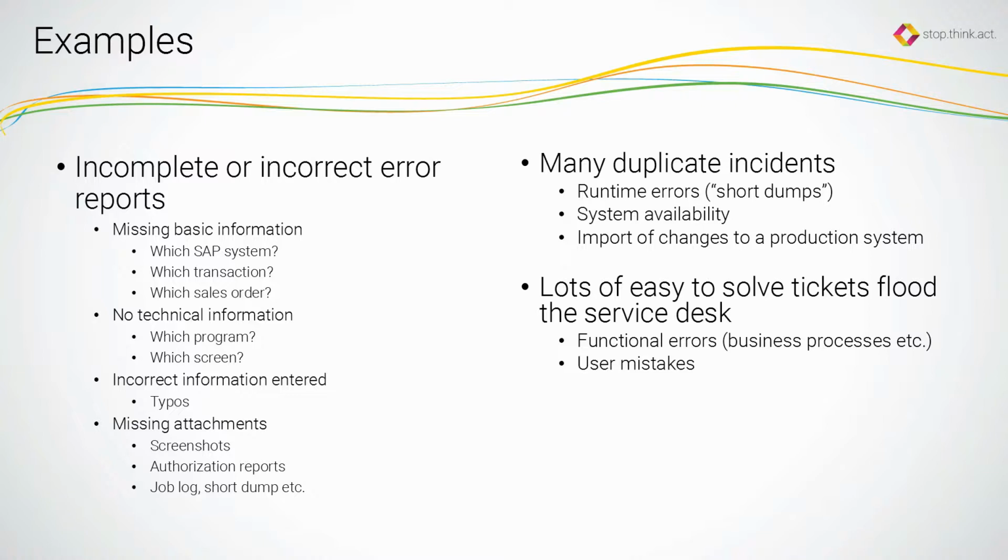Sometimes they even mistype certain identifiers, and then the developers might end up debugging a perfectly working process because maybe 2 days later it turns out that the material number or the sales document number was mistyped in the error description. One of the most frequent problems is that service desk people have to ask for screenshots and authorization reports almost every time. Naturally, all this results in extra communication that slows down the whole process.